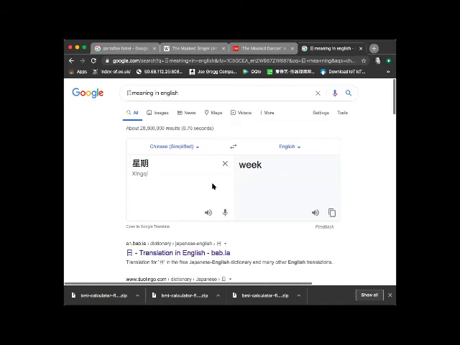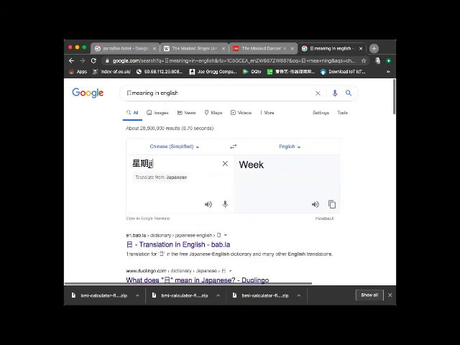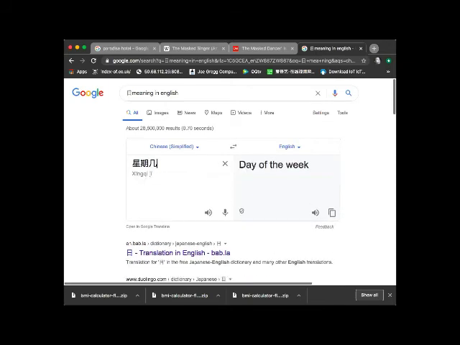And a week has 7 days. So we're saying 星期, and then we go 几, which is the word for how many or how much. So 星期几.